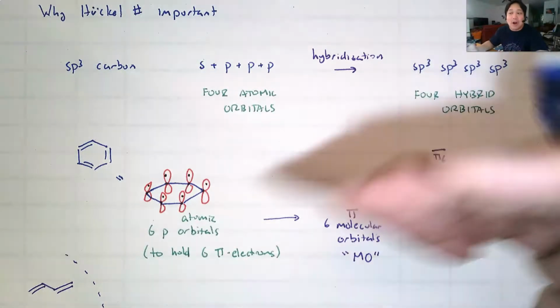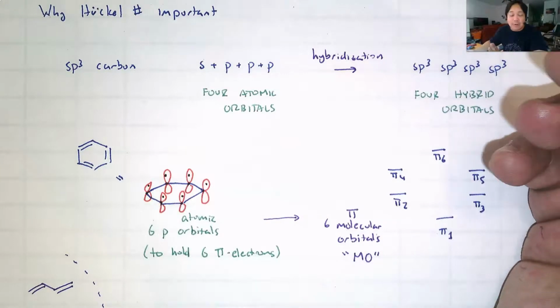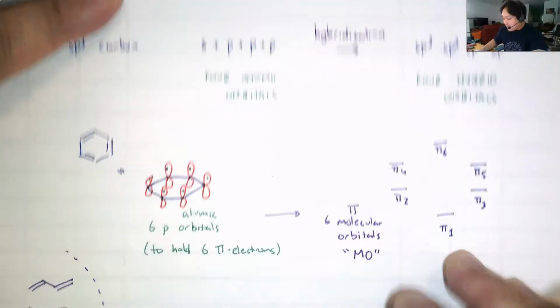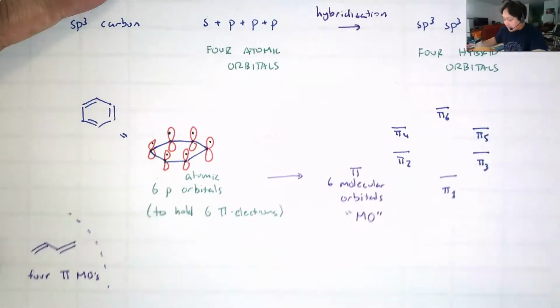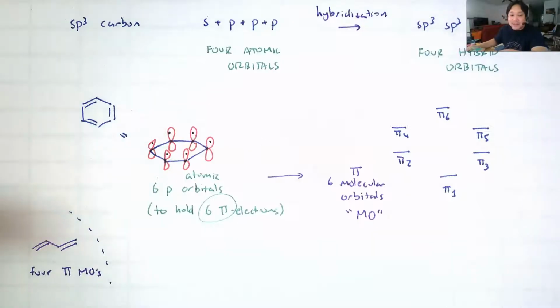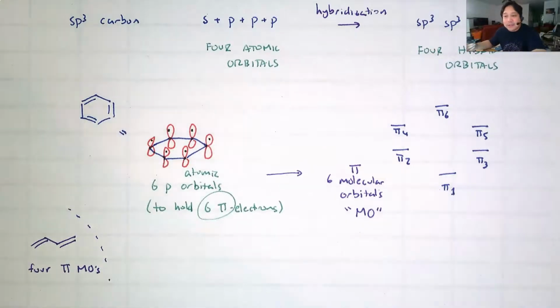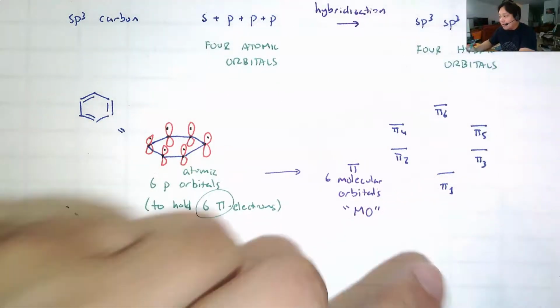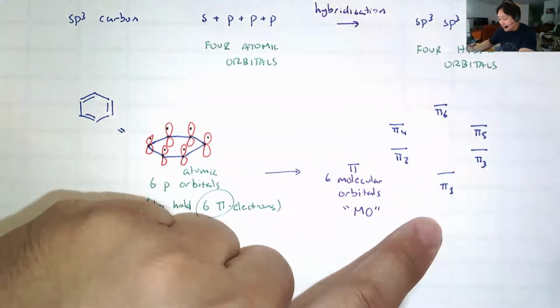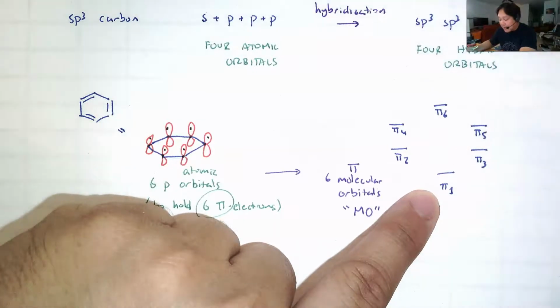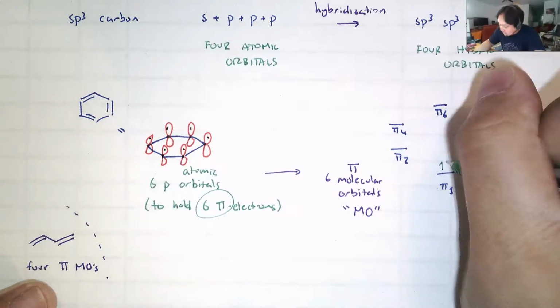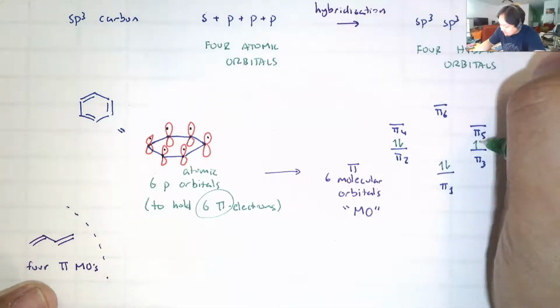A classic case is a carbocation. We know that there's a p orbital for a carbocation, but it's empty, but it still exists. Same thing here, because what we have to worry about now is that we have 6 pi electrons. So we're still using the rules that we learned way back in general chemistry: the maximum number of electrons you can fill in each orbital is 2, and you singly fill each orbital that is the same energy before you doubly fill them. 1, 2, 3, 4, 5, 6.